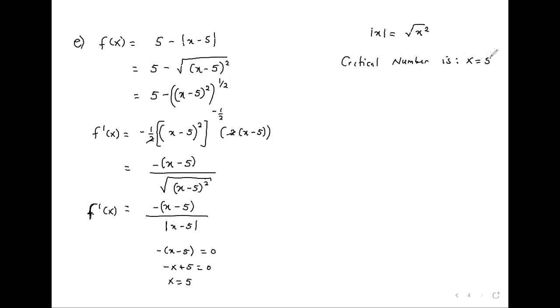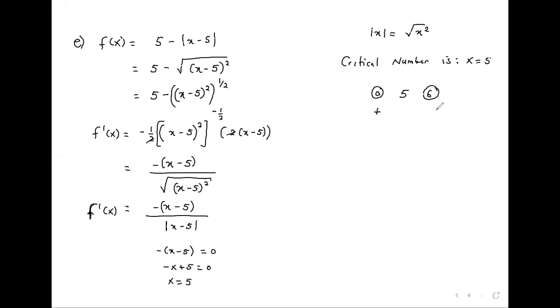Now, if x equal to 5 is a critical number, where is the function increasing or decreasing? So let's see. Before 5, you can pick 0, and after 5 you can pick 6. When you substitute 0 here, we'll get positive 5 over positive 5. That will be positive. You substitute 6, we'll get 6 minus 5, that is 1.